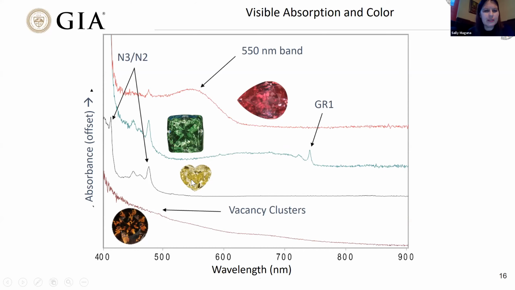This yellow diamond has a lot of nitrogen-related defects that are absorbed in the blue, leaving a window in the yellow. And then this brown diamond, we don't see any sharp peaks or pronounced broad bands. We just see this general rise up the low wavelengths, and that creates a brown color in the stone. And we know that that's associated with vacancy clusters.